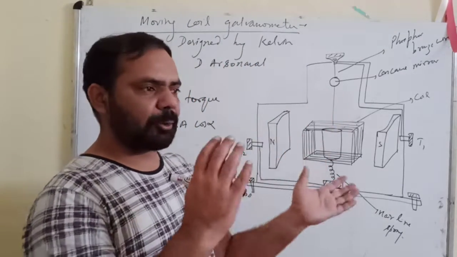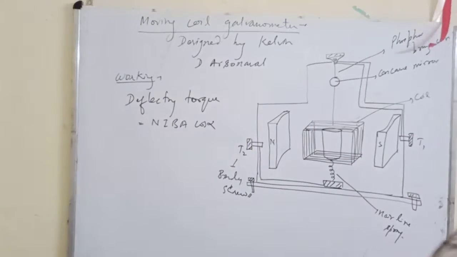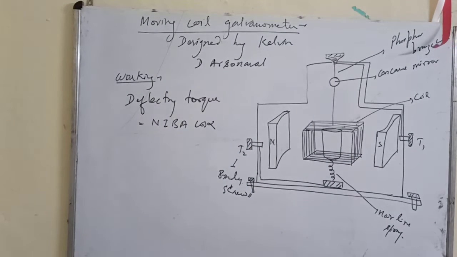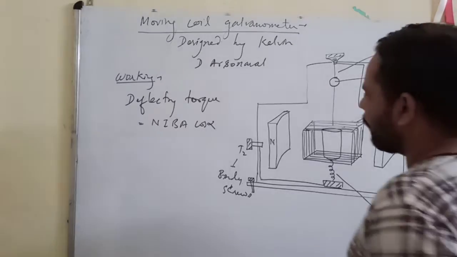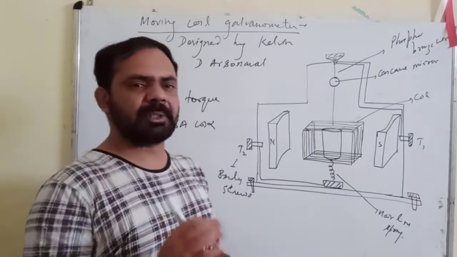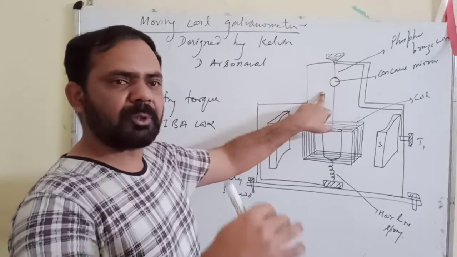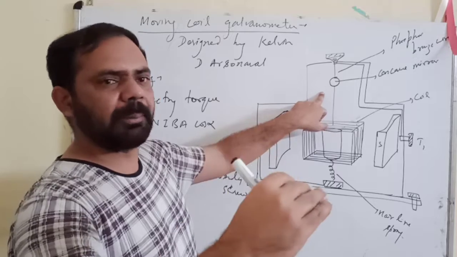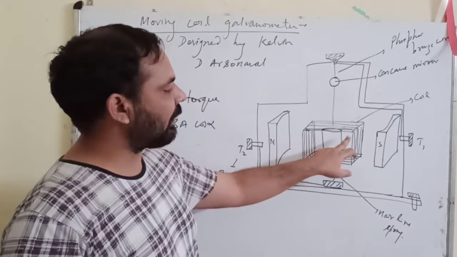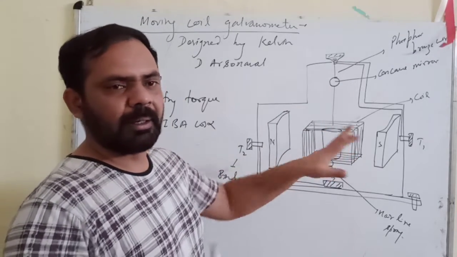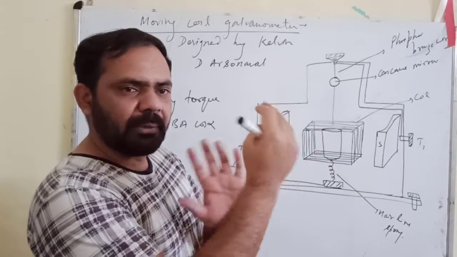As the twist increases, this restoring torque will become stronger and stronger, and at the equilibrium point the restoring torque will become just equal to the deflecting torque, and in that condition the coil will stop.